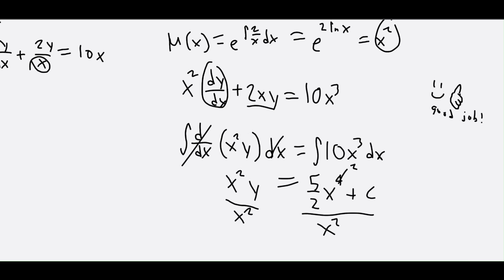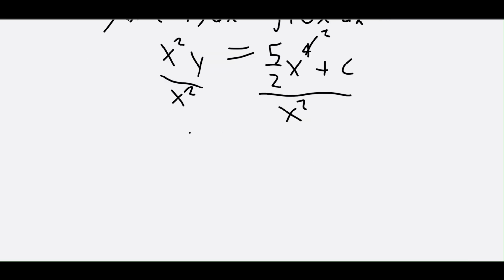Well, we don't know what c is, so that is just going to be c over x squared. So let's rewrite it. y equals 5 over 2 x squared plus c over x squared.